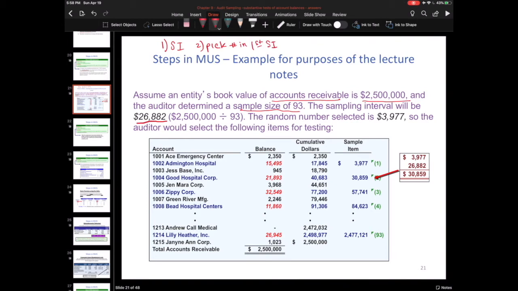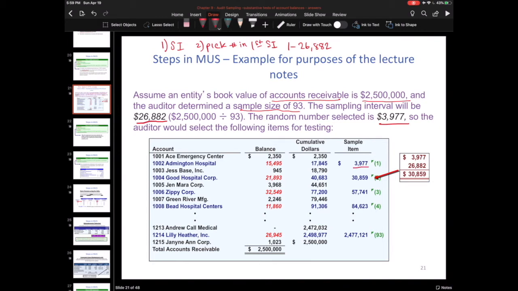So here I'm going to pick a number between 1 and 26,882. You run a random number generator between 1 and 26,882, and in this example it gives you 3,977. What that means in this context is dollar number 3,977 will be your first sample item.